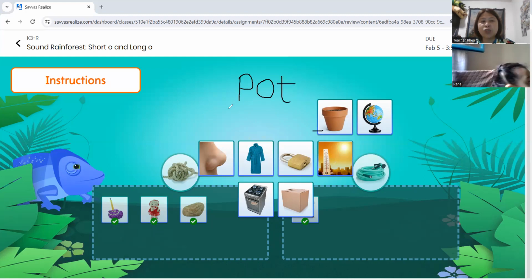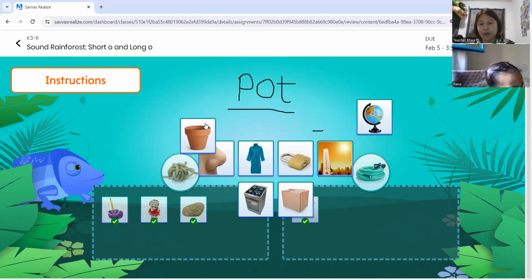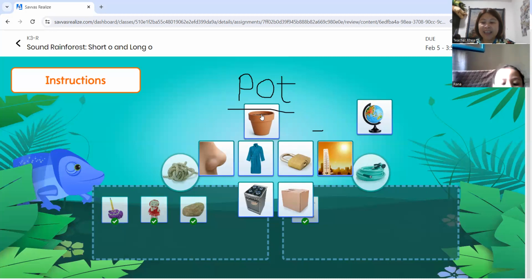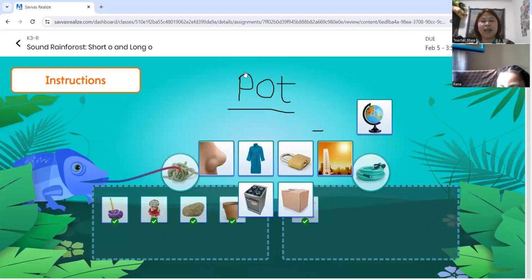So is it a short O or a long O? Short O. So where are we going to put it? Under the knot or under the hose? Under the knot. Good job, Rana.